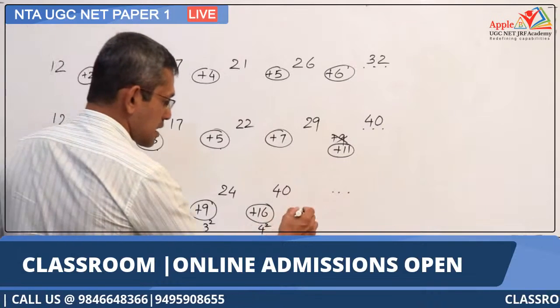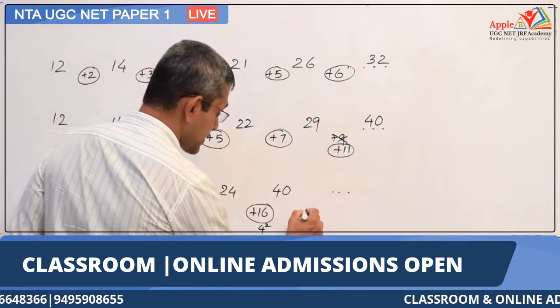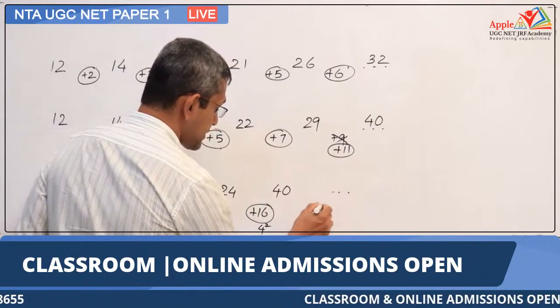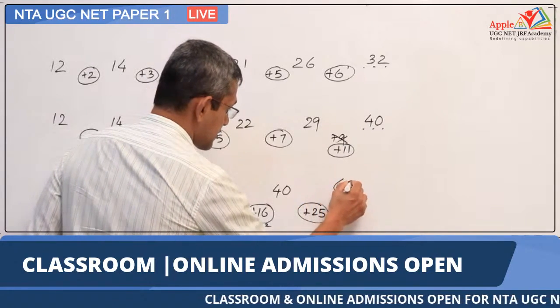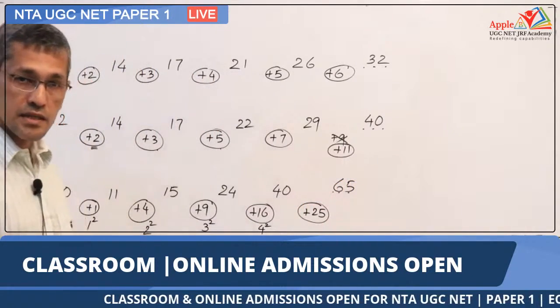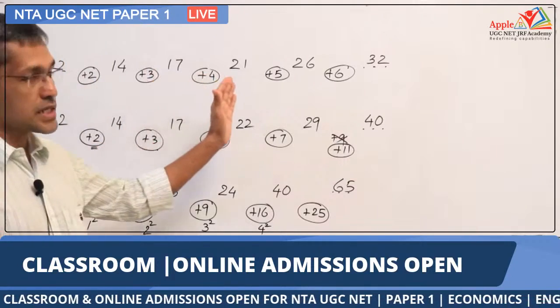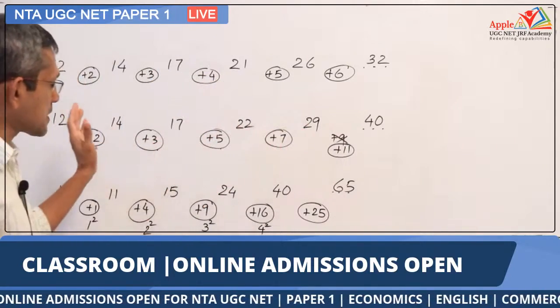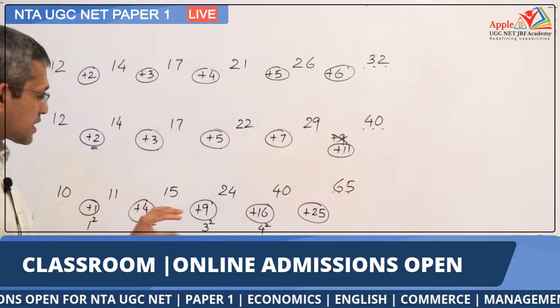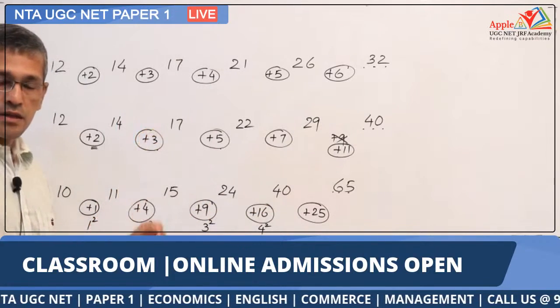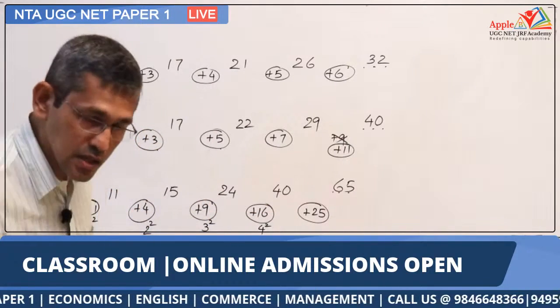The next one must be 5 square. 5 square is 25. So 40 plus 25, your answer must be 65. See that? These are all patterns which give you the differences. First number plus something is the second number, and those differences are in a pattern. All right, so we'll take a look at another example.